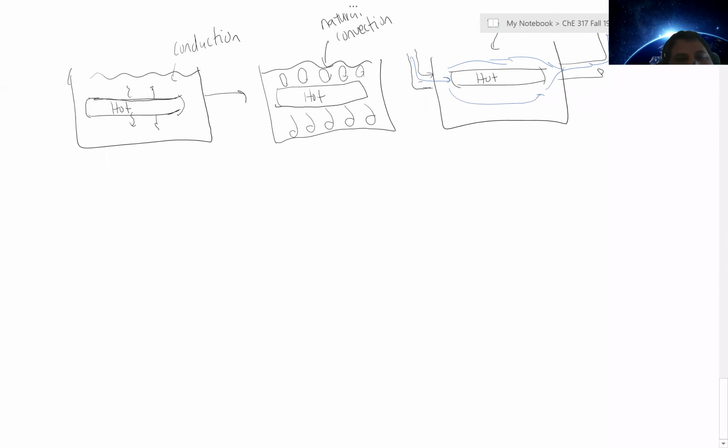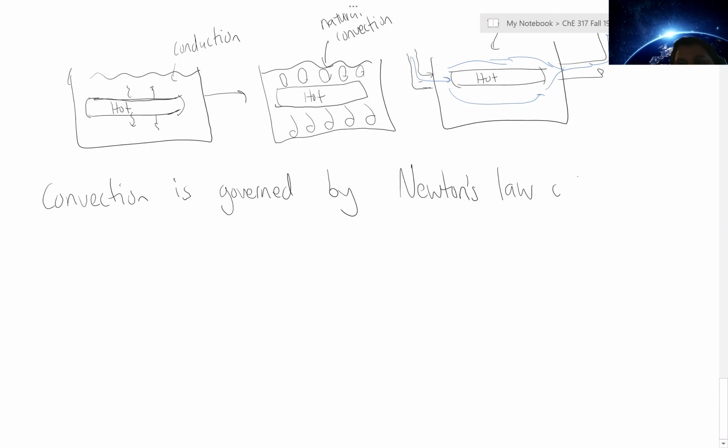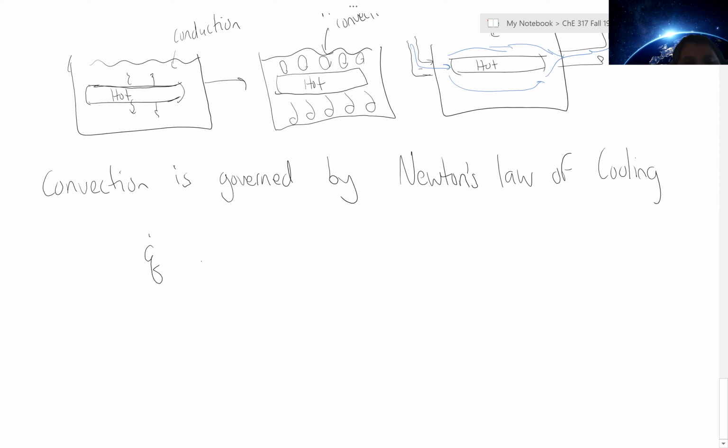And so, a cursory glance at convection. Convection is governed in part by what is known as Newton's law of cooling. And Newton's law of cooling states that the flux in convection is simply a function of the temperature gradient that exists times another heat transfer proportionality value.